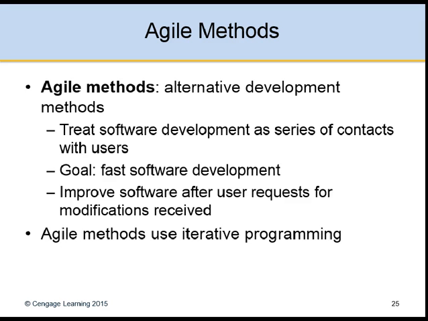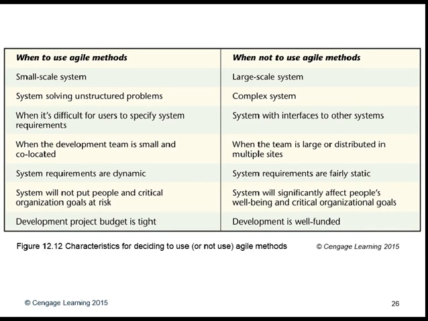The SDLC is recommended for complex systems, and documentation is essential for integrating with other systems. And here we see a chart to decide using or not using agile methods.